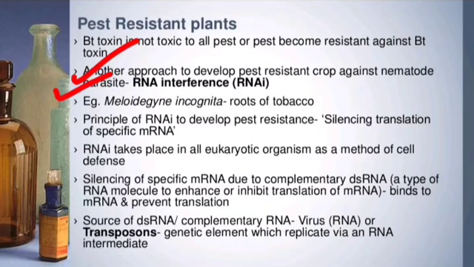Meloidogyne incognita. Actually it is the roots of tobacco that they attack. So the principle of RNAi-developed pest resistance is silencing of translation of specific mRNA. Some specific mRNA, the mRNA which is actually producing the specific protein or life-survival protein for that nematode, because of those proteins the nematode is surviving.